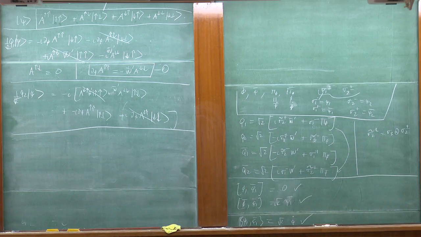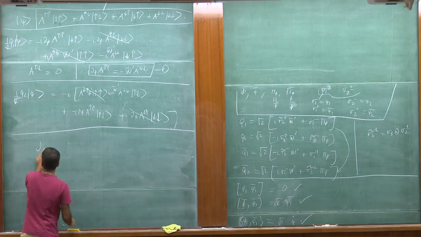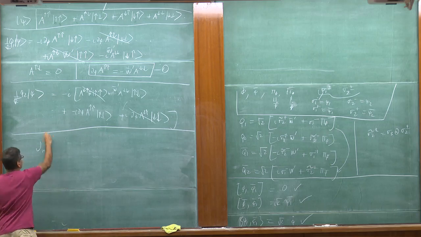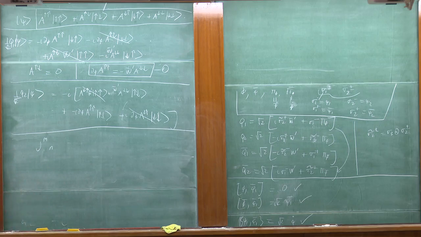Now, suppose we are given a quantity J^m_n. It's a tensor on this manifold. It has one index up, one index down.